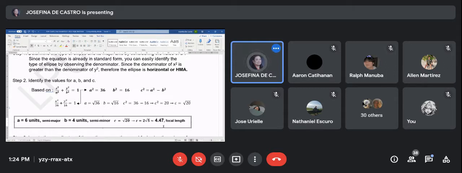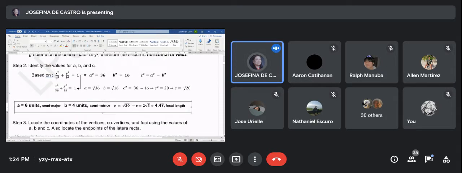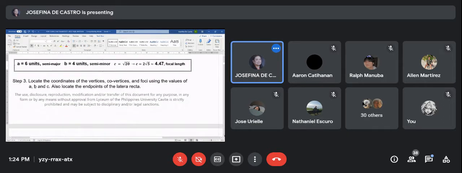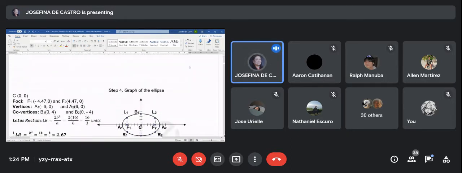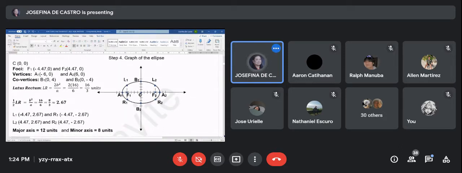Gusto ko ay calculator. Okay? So you're going to use for your coordinates the 4.47. But sa graph, inaapproximate tayo. If you still remember yung approximation natin. Okay? Sa graph lang nangyayari yon.